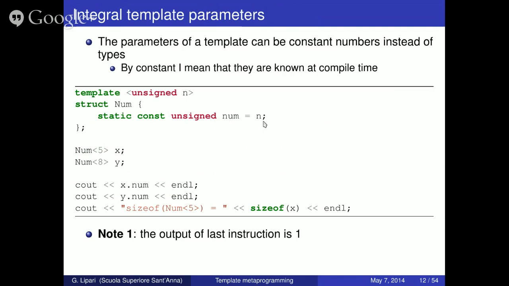So you can write num of 5 x, num of 8 y, and then you print num for x and y. And you can also get the size of this data structure, which is equal to 1, because the data structure does not contain any data, only a static constant. So the size of this little structure is just 1 byte.